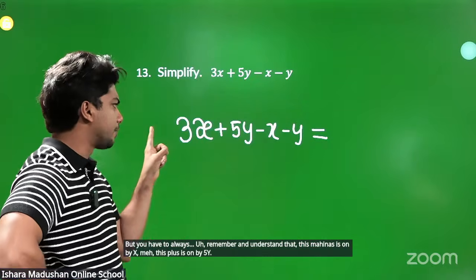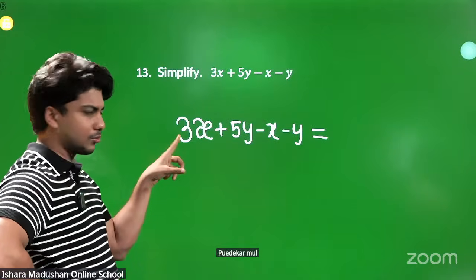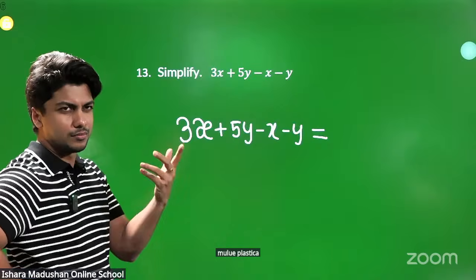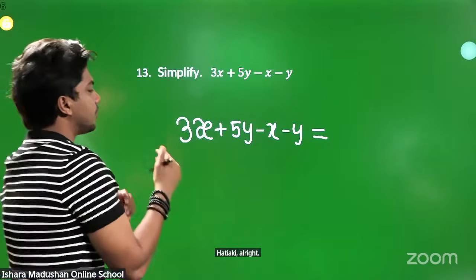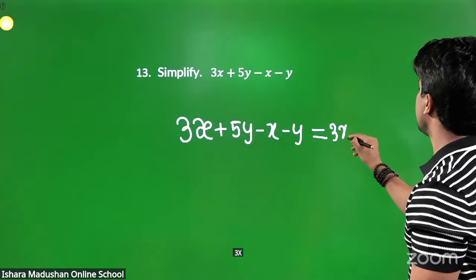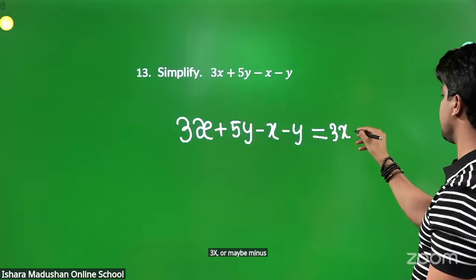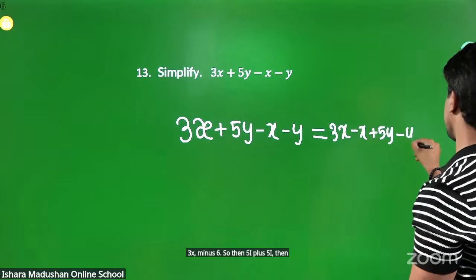Here there is a plus sign, but we don't write it. If the first term is plus, we don't write that plus sign. So 3x, I write minus x next to it, then 5y minus y.